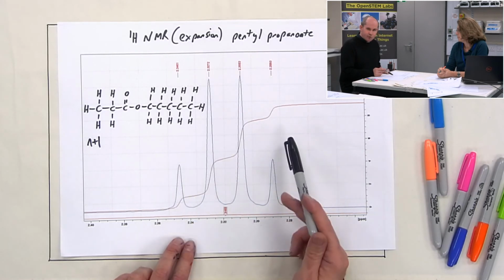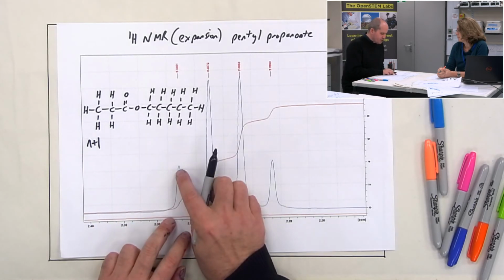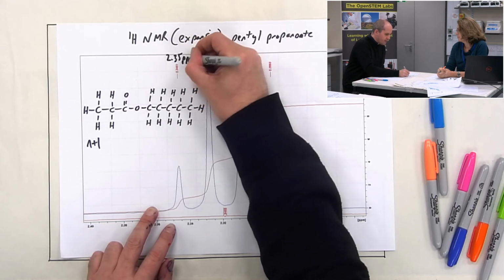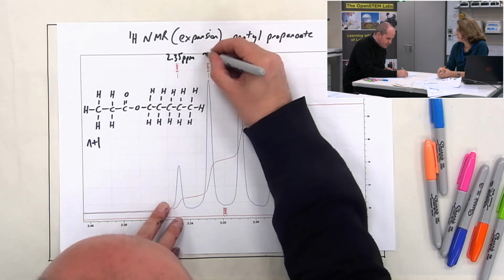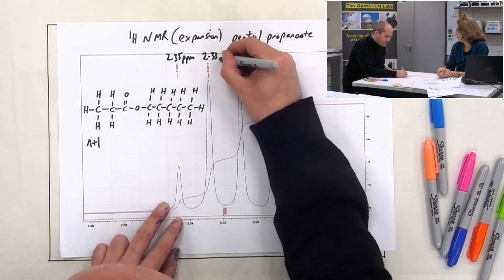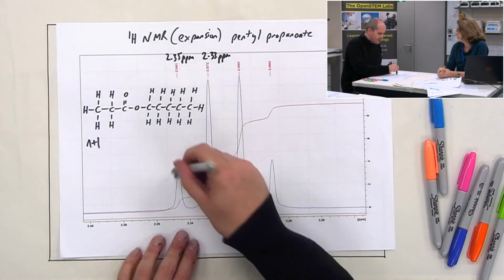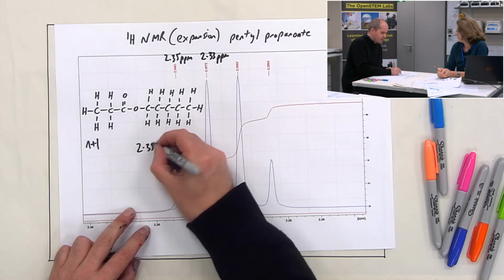And what we do is take the chemical shift value. So I'm going to have to approximate this slightly. This has a chemical shift of about 2.35 ppm, approximately, and this one has a chemical shift of about 2.33 ppm. So the separation between those 2 lines is the difference between those 2 numbers.